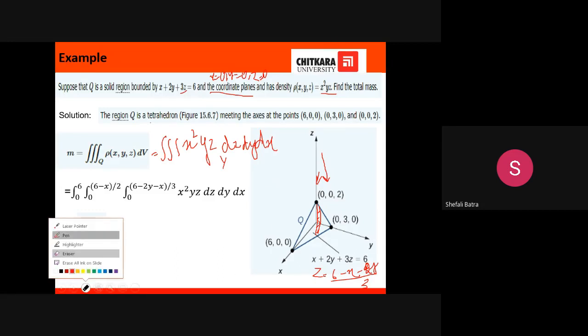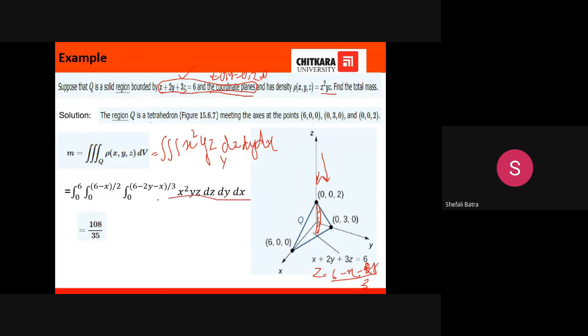Is it right, beta? Similarly, a question can be asked like, find the volume of a tetrahedron, or find the volume of a three-dimensional body defined by this plane and the coordinate planes. If the same question, find the volume of the tetrahedron bounded by the plane x plus 2y plus 3z is equal to 6 and the coordinate planes, what will your answer be?